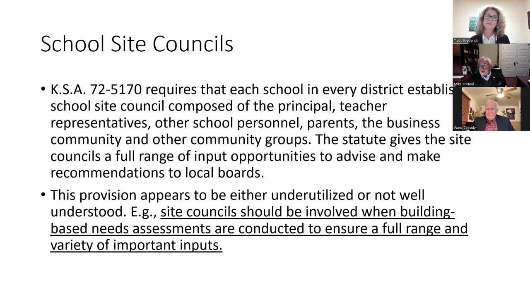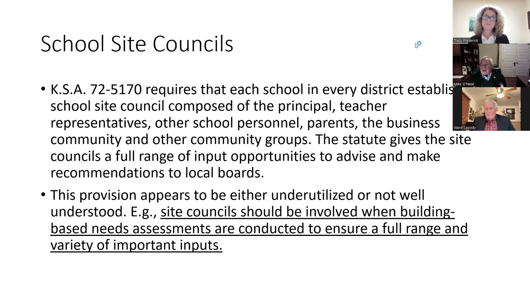The people who actually voted for these locally elected school boards are the ones who have a vested interest in helping. They're only advisory. There's nothing a site council can do that will force a local school board or school district to do anything. But they are important resources, and particularly with building needs assessments.